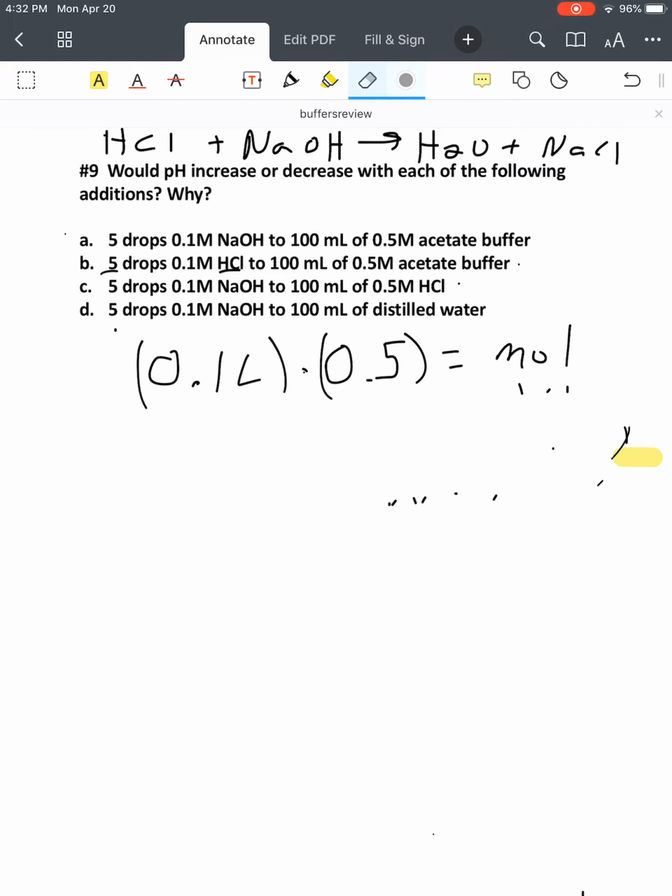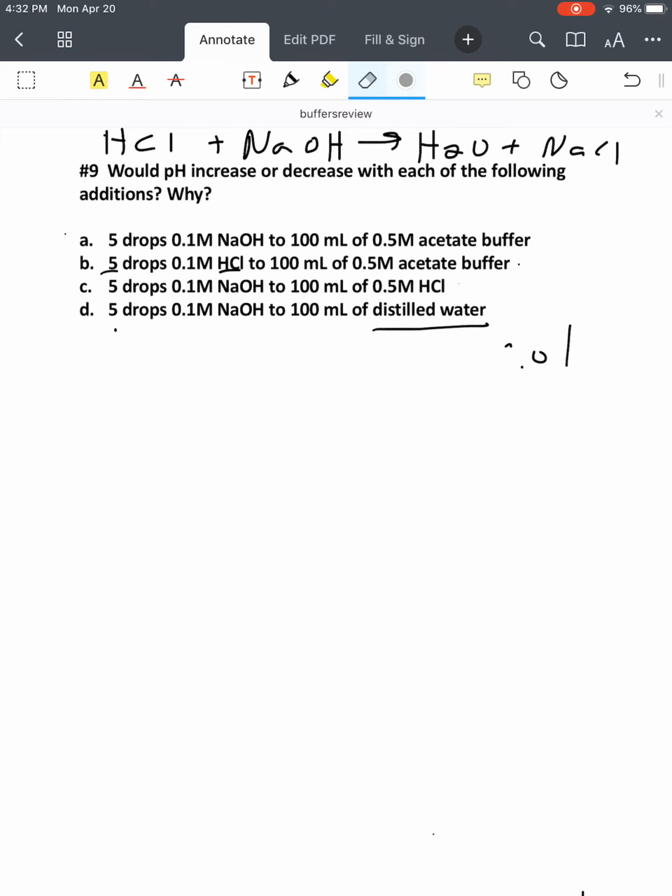In D, we're going to add 5 drops of 0.1 mole per liter NaOH, not to a buffered solution, not to an acid solution, but to distilled water. Now, distilled water, does it have any buffering capacity? Nope, it has none.